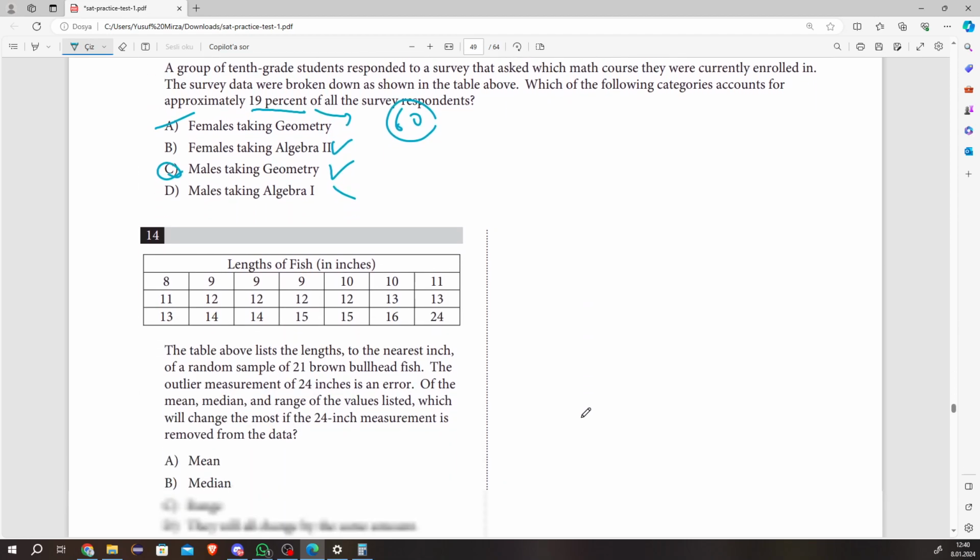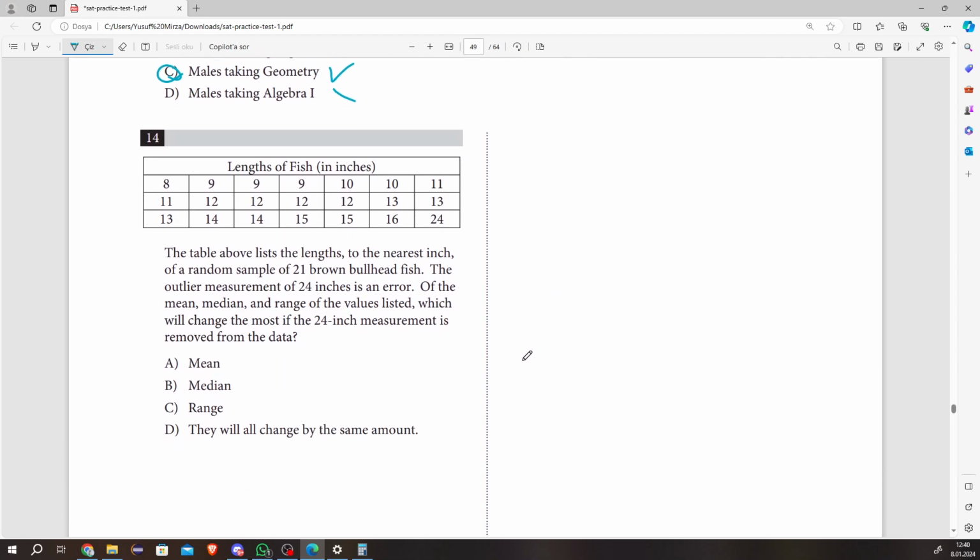So let's go ahead. Table: the nearest inch of land descent in the new peak. The measurement of it is an error of the mean, position and range of which limit. So let's look at this. Okay.